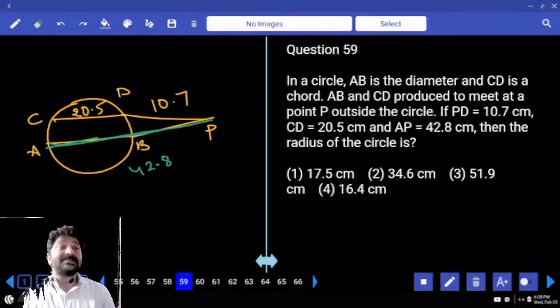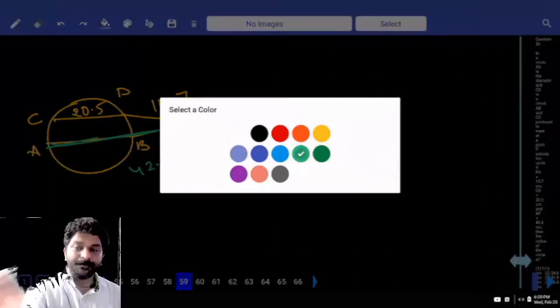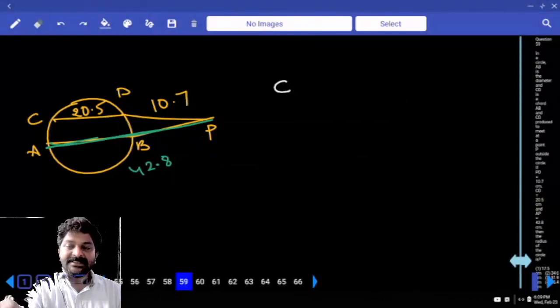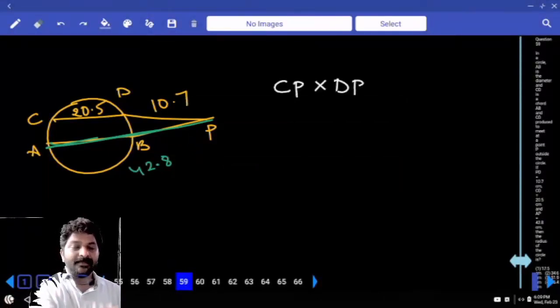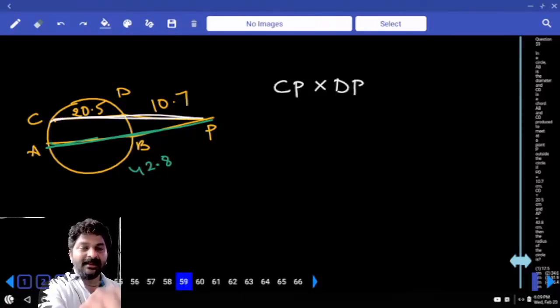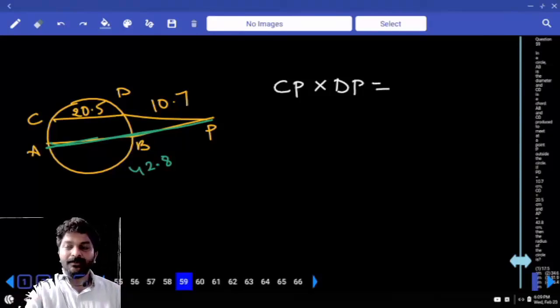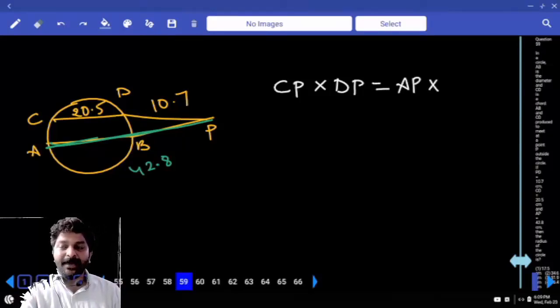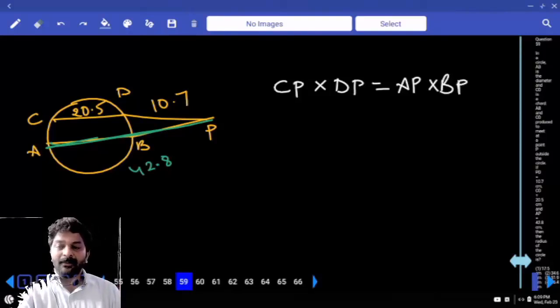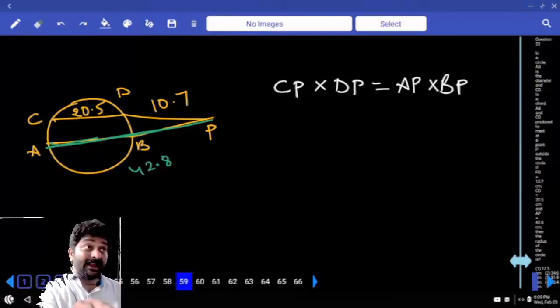When two chords are extended and meet each other, whether inside or outside, it must follow CP into DP, the extreme line and then outer line, must be equal to AP into BP. Now I want to calculate CP.